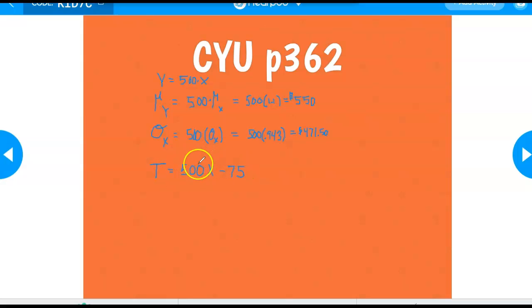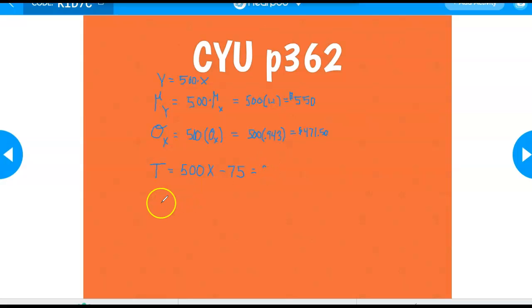we have our transformation. This is the transformation. That's the formula for the transformation. So we're going to multiply the mean times 500 and subtract 75, which we already did. We already multiplied by 500 times the mean. We got 550. So now all we need to do is subtract 75 from 550, and we get $475.